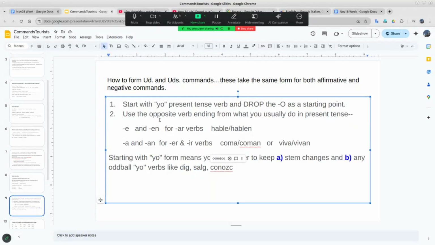I'm going to show you another one. Muy, muy común. Venir, to come, vengo, I'm coming. And if somebody says, hey, come over here, come on, they're going to use that kind of verb. It uses vengo. And venir is an IR verb, so it's going to use A endings. So we go from vengo to venga or vengan.